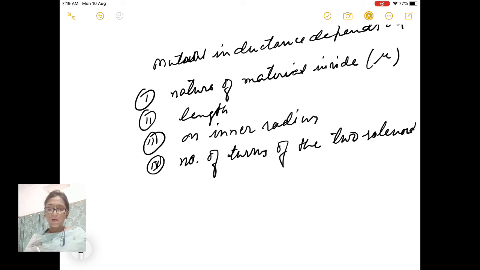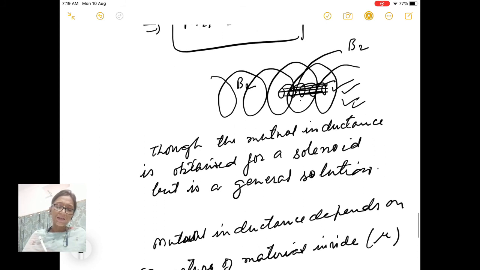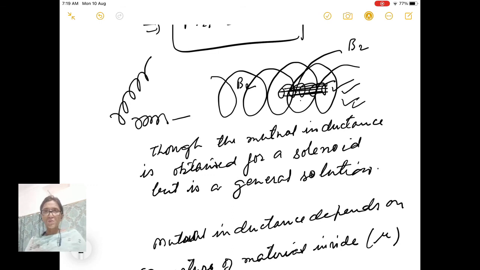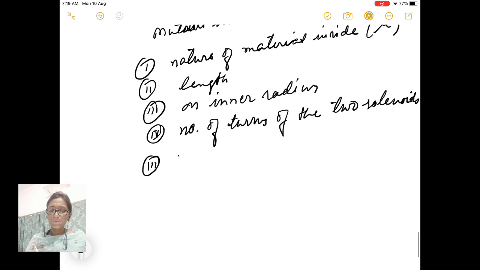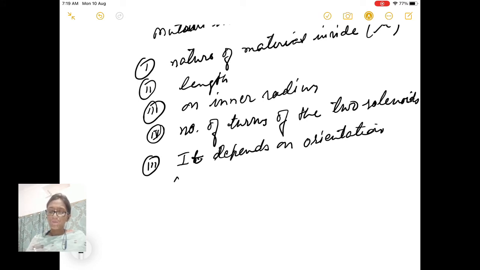Now it also depends on orientation. If the two solenoids were placed in such a way, then the mutual inductance would be different. So it depends on the orientation of the solenoids. And it also depends on their distance.